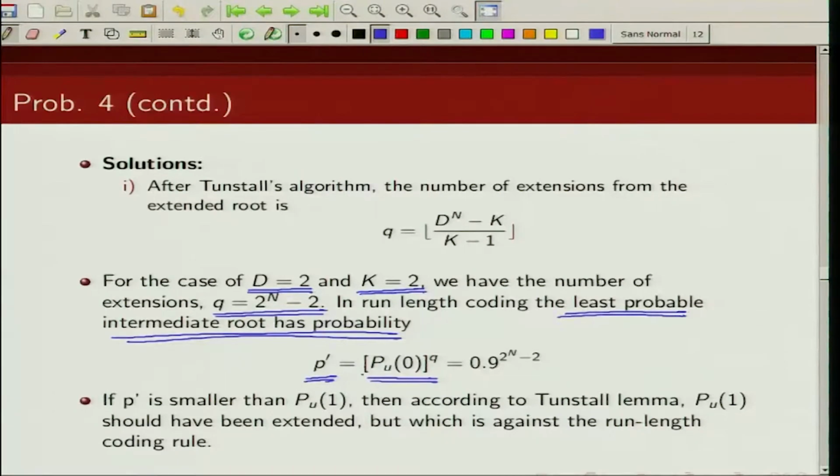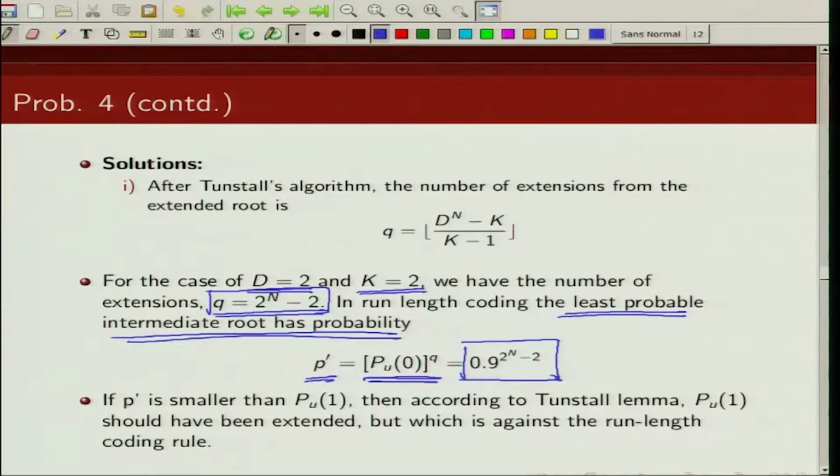If we want to find out whether this run length coding belongs to a Tunstall message set, then every time we have a run of 0, that particular node should be the most likely leaf. So if we are doing q extensions, the intermediate node has probability p dash, which is given by this probability, and the probability of 0 is 0.9. q we just calculated is given by this expression. So this probability is given by this.